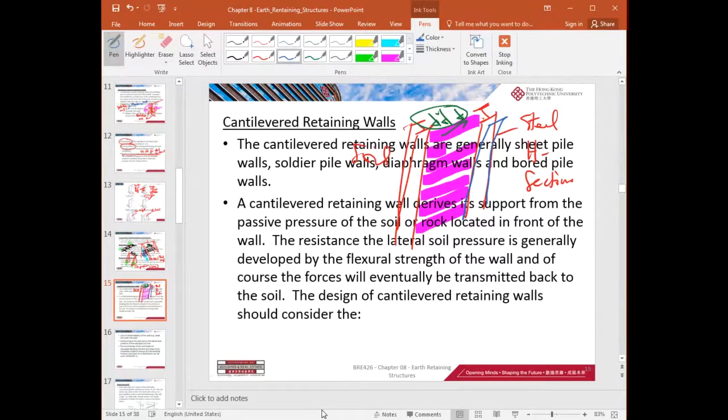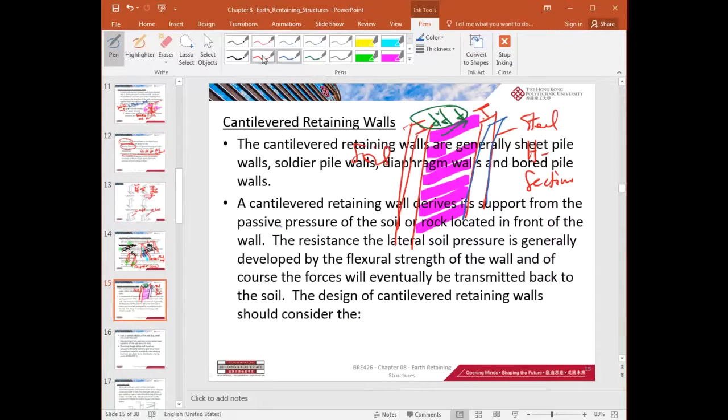So eventually all the soil pressure will be transferred through the timber planks, and then the timber plank will transfer all the loading to the steel section. And then the steel section, depending on its depth of penetration, driven into the ground, will resist all the horizontal forces, all the lateral forces behind this wall. So that is the soldier pile wall.